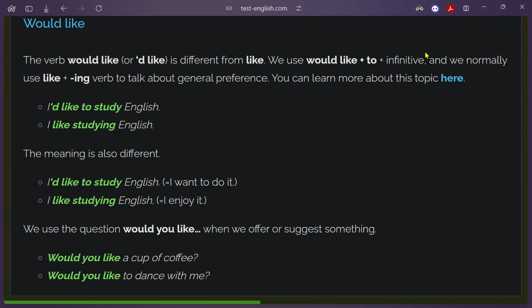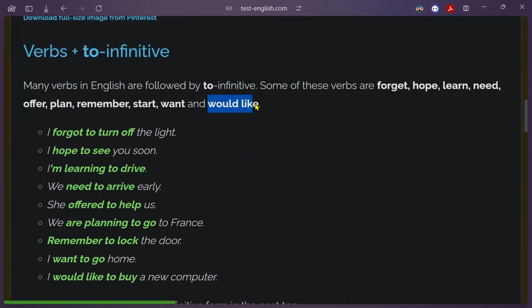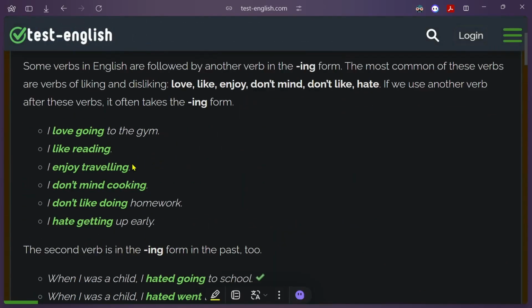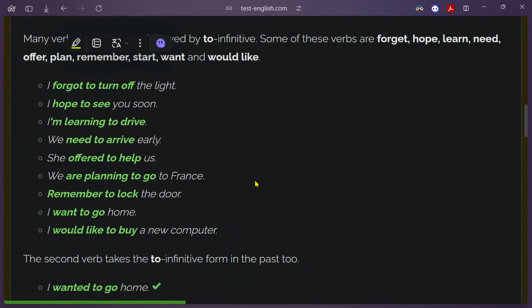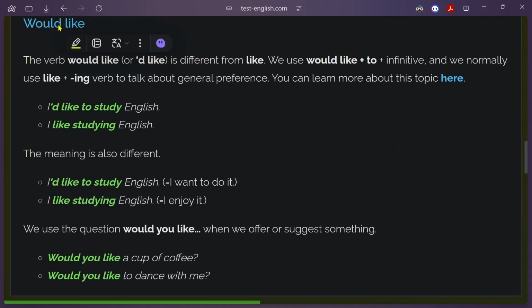The verb would like is different from like. We use would like to with infinitive. You see? Where is it here? Would like. And like is in the first one. I like reading, but I would like to read. You see? When you put the would, then we use the infinitive.